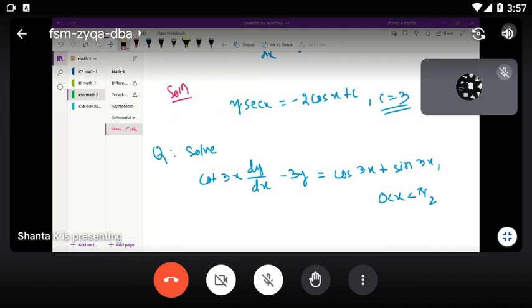What is the integrating factor? Ma'am, cos 3x. Okay.